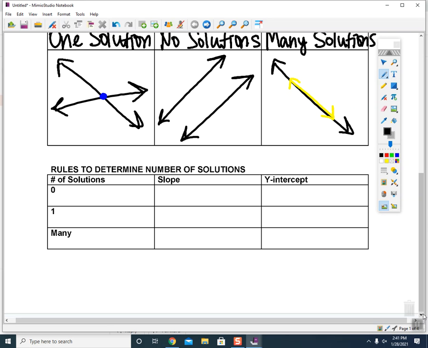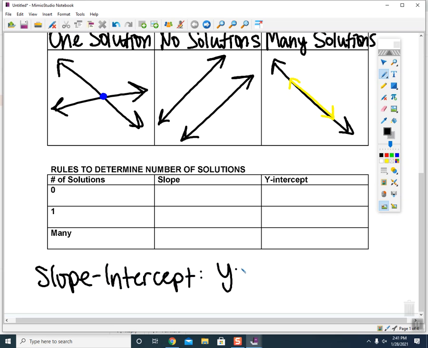If I'm dealing with two straight lines and I get them in slope-intercept form, so if you remember slope-intercept form, that's where we have y equals mx plus b, where m is our slope and b is the y-intercept. If it's in y equals mx plus b, we can just compare the two equations and figure out how many solutions there's going to be.